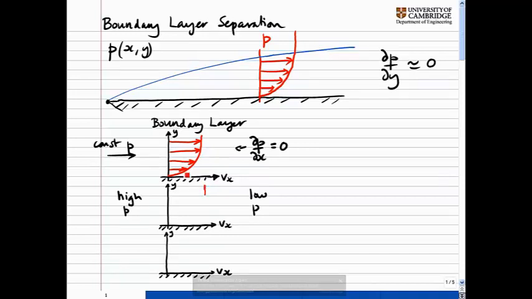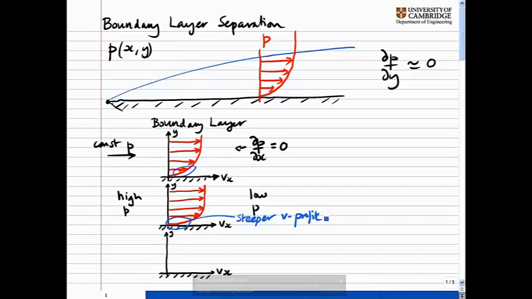The fluid down at the bottom, let me circle that here, which was going at a lower velocity, will also be accelerated. And so we'll find that we get a steeper velocity profile at the bottom of the boundary layer that has arisen because the pressure gradient in the x direction is the same all the way down the boundary layer, and so that really accelerates the flow at the bottom. And what I want to highlight here most of all is that at the bottom of the boundary layer we have a steeper velocity profile.